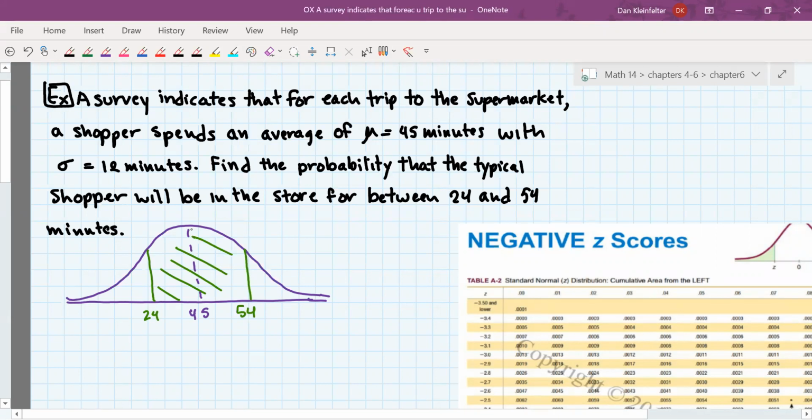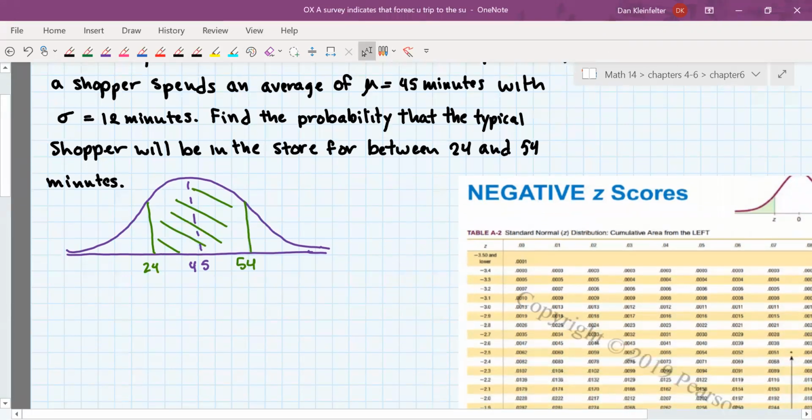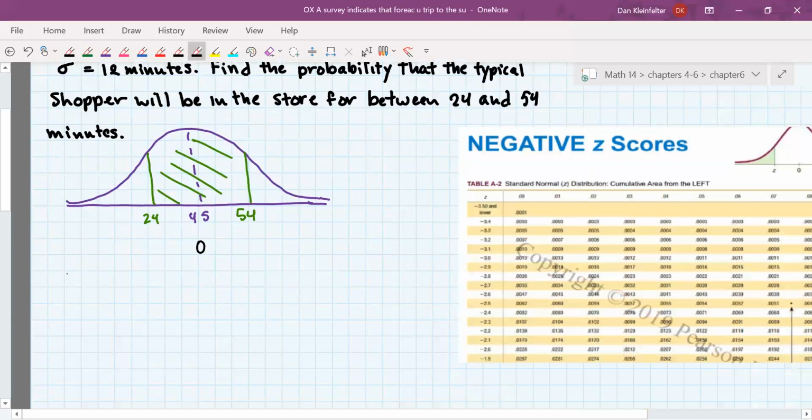So as always, we're going to need to turn our given values, the 24 and 54, into standard normal values so that we'll be able to use our z-table and calculate probabilities. So our mean is going to be 0, and then let's get some z's.